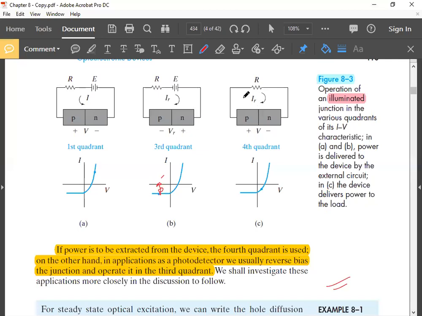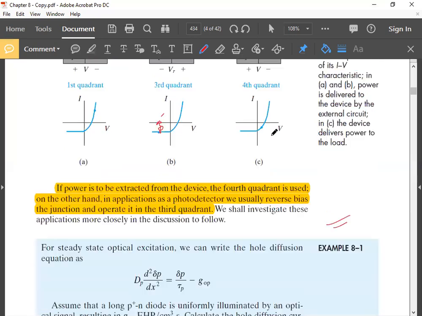This current originates because of the optically generated carriers. So here this current will deliver power, I square R. Effectively the optical energy is being converted into electrical energy.